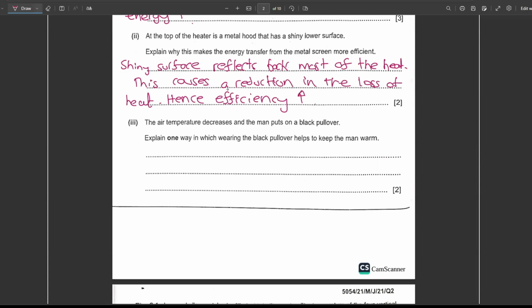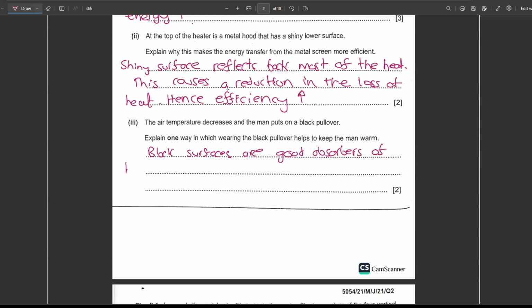Explain one way in which wearing the black pullover helps to keep the man warm. Black surfaces are good absorbers of heat.